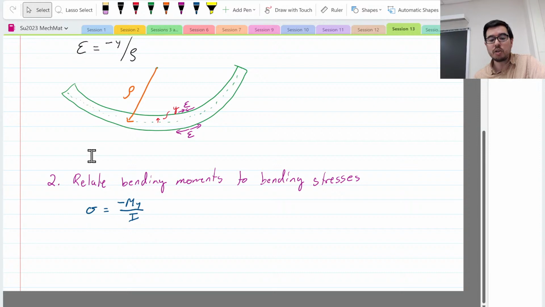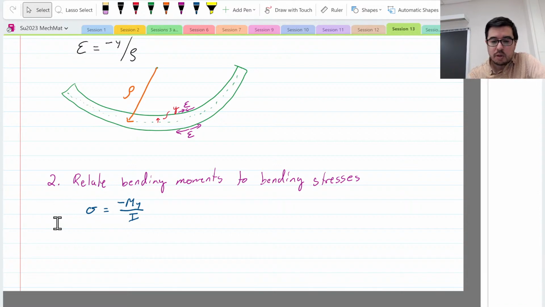Okay. And if we want the strain, since these are normal stresses, axial stresses, we can say sigma equals E epsilon, right? And so now we can figure out what epsilon is as well, all right? And so go ahead, take a look at the notes and get some derivations.